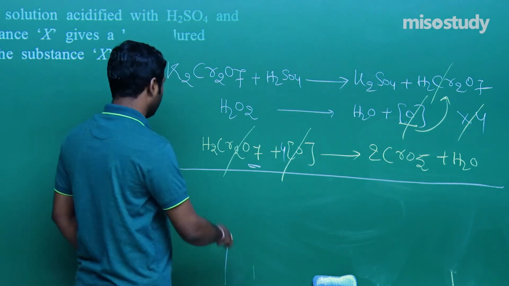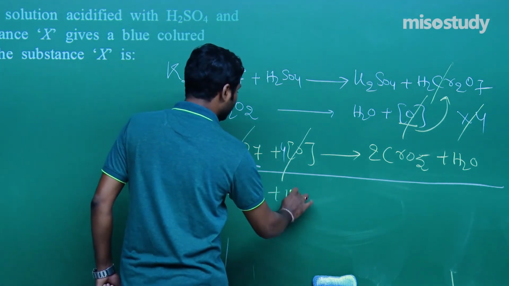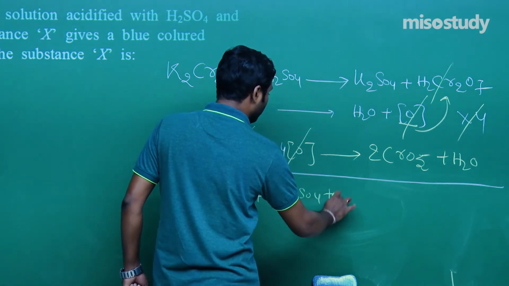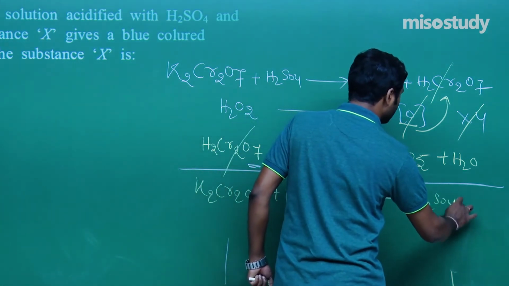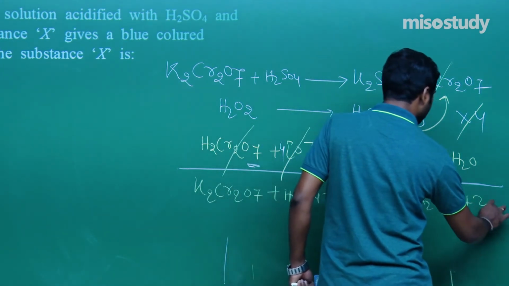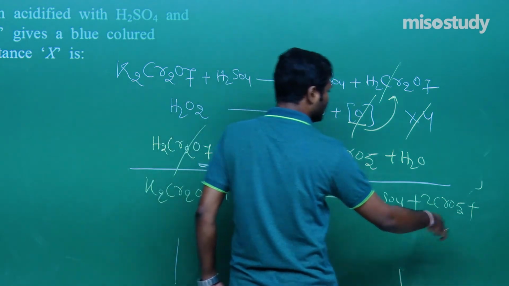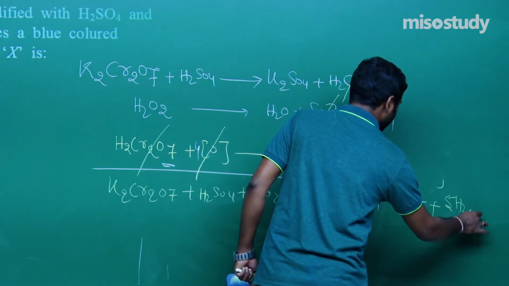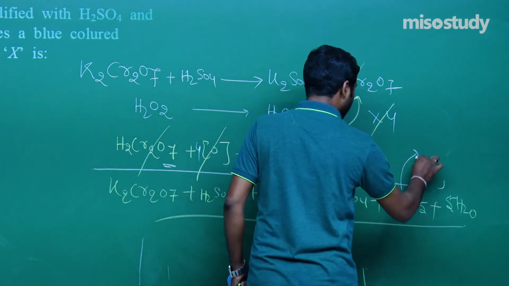So the reaction is K2Cr2O7 plus H2SO4 plus H2O2 gives K2SO4, 2CrO5 and 5H2O. This is the complete reaction and this one is a blue colored solution.